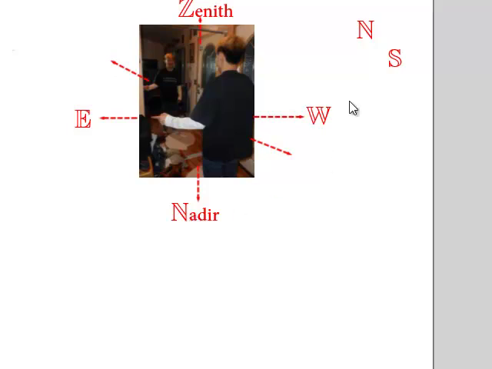And here's the clue. He is facing towards the south. That's what I said earlier. But notice in which direction the image is looking. The image is facing towards the north. And that is what the mirror is doing. It turns front and back around.